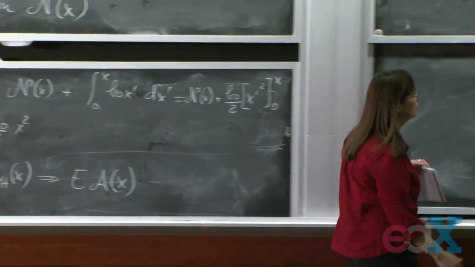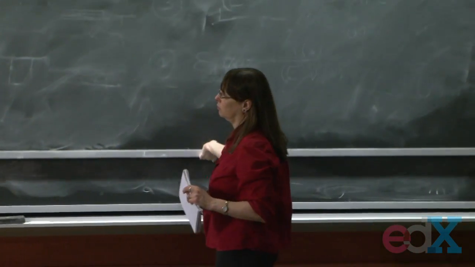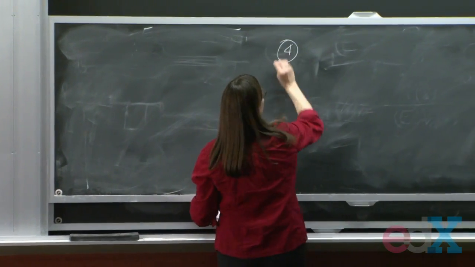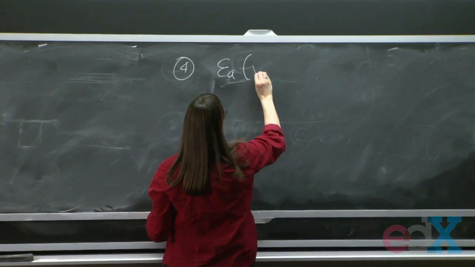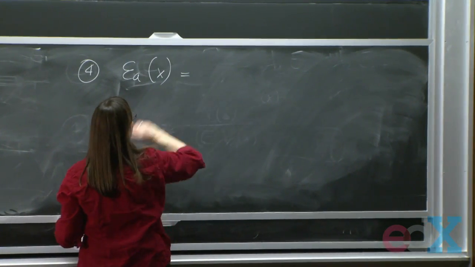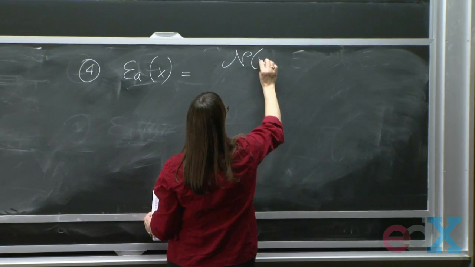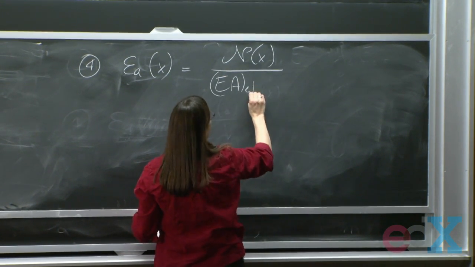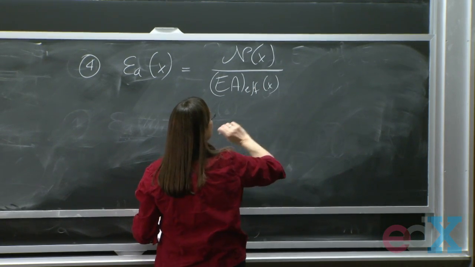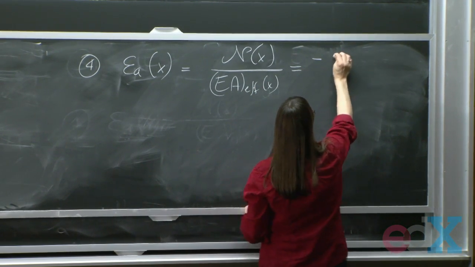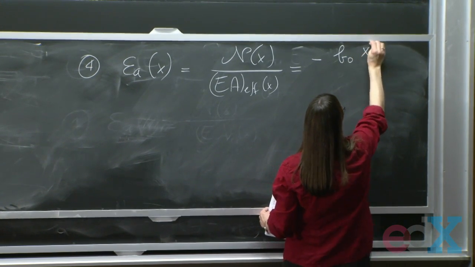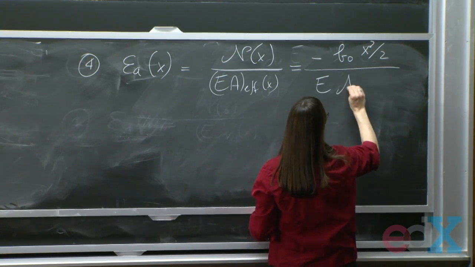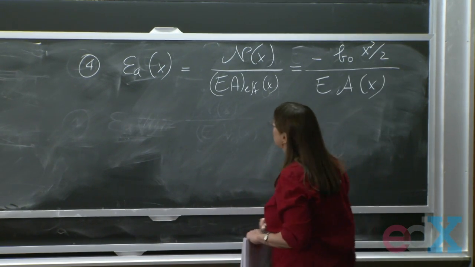So number 4, I can get now my epsilon A of x. Epsilon A of x is going to be equal to n of x divided by EA effective of x. So that's equal to minus b0 x squared over 2 divided by E A of x.